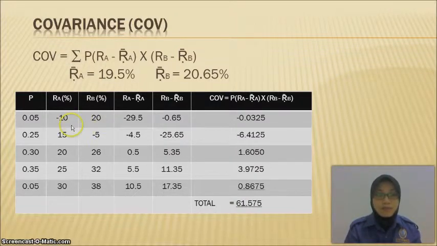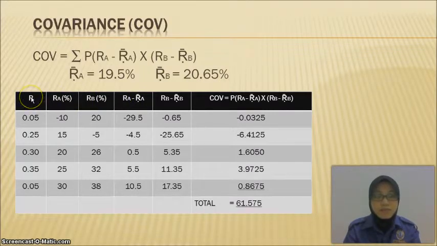I will continue with the covariance. The formula for the covariance is the sum of the probability times with possible return minus expected return for share A times with possible return minus expected return for share B. Okay, this is the expected return for share A and this is the expected return for share B. First, we need to construct a table.